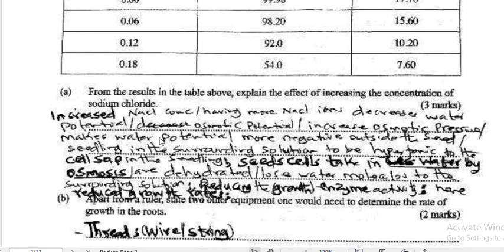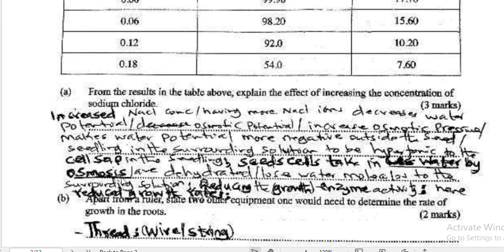In simple terms you can say the surrounding solution becomes hypertonic to the cells in the seedling, and the seedlings lose water by osmosis, and they become dehydrated or lose water molecules to the surrounding solution, reducing the growth activity, hence reduced growth rates. That is how you should explain.